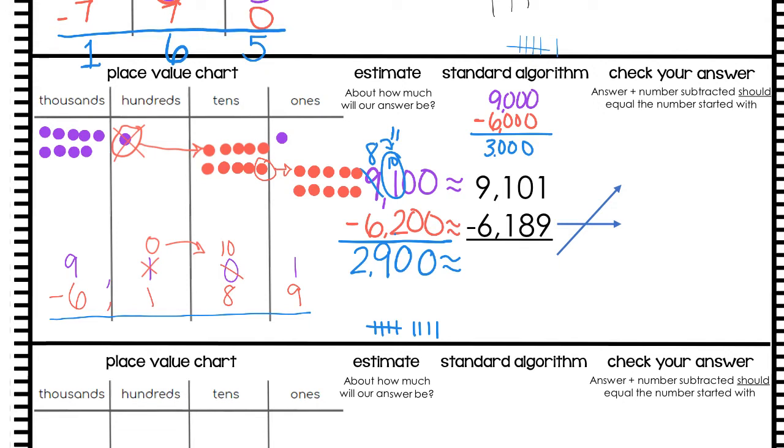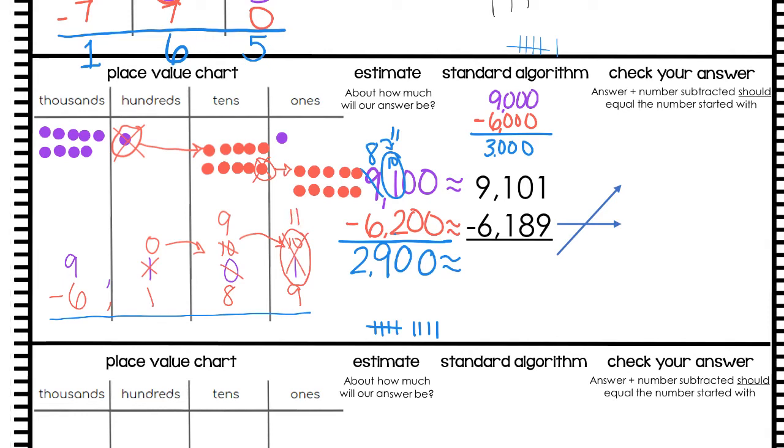And of the 10 tens, there are only 9 tens now because I have regrouped 10 into the ones place. But I don't just have 10 in the ones place. I have 10 plus my 1 original. So I actually have 11 in the ones place.